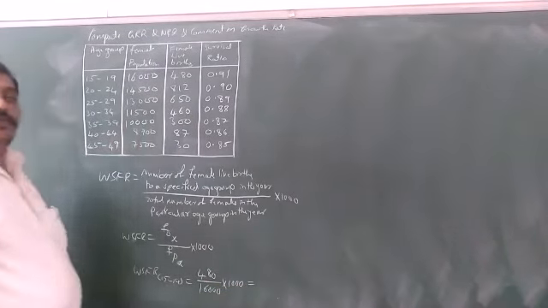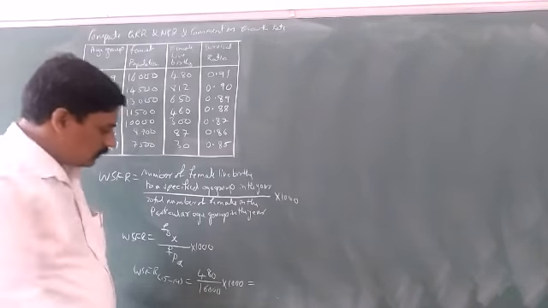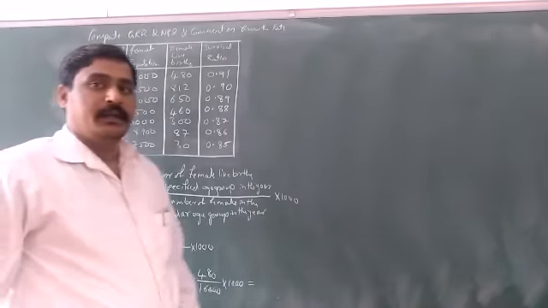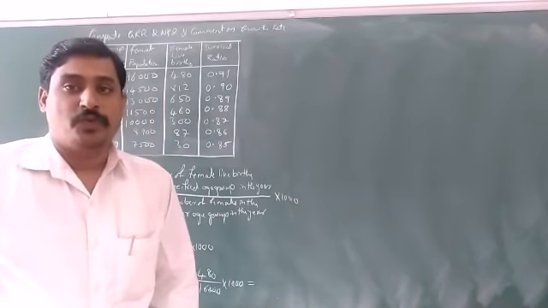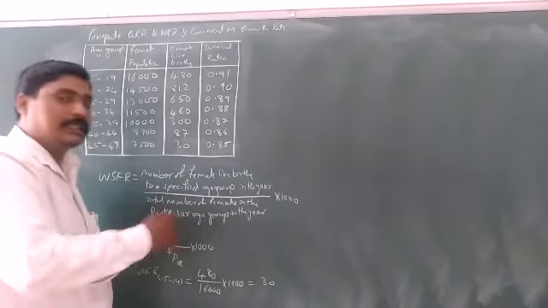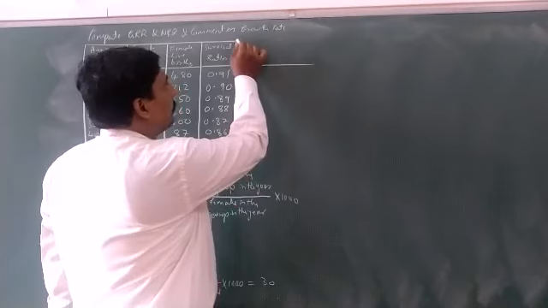So we get 480 divided by 16,000 into 1000. So 3 zeros will get cancelled. 16 ones are 16 and 16 thirties are 480. So the answer is 30 here. Let us calculate the remaining and write them in columns here.